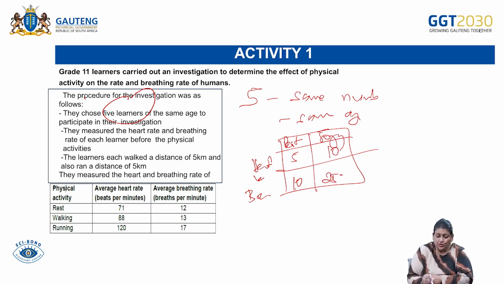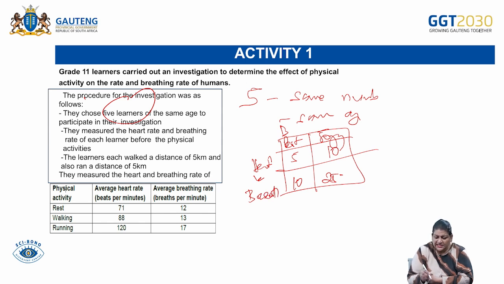See? So now you made a table of data, and you said, before exercise, when he was resting, it was 5 beats per minute, and 10 breaths per minute.